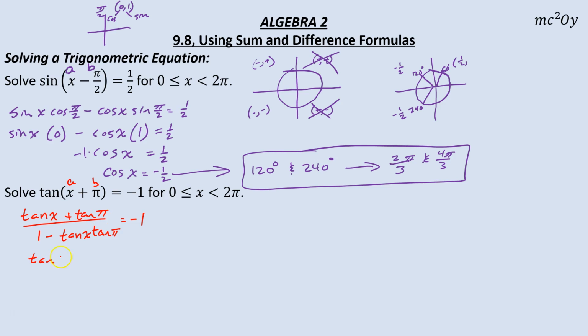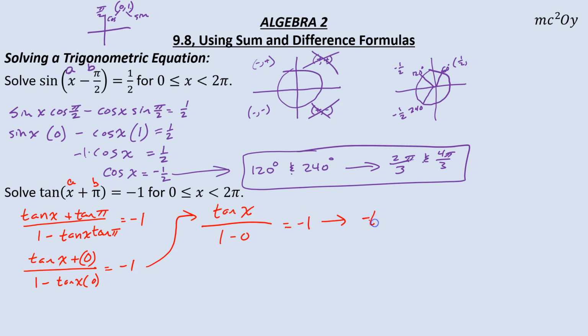So we get tan x plus 0 over 1 minus tan x times 0 equals negative 1. I'll go ahead and rewrite this up here. So I get tan x over 1 minus, well, tan x times 0 is 0, so 1 minus 0. So that just gives me tan x equals negative 1.